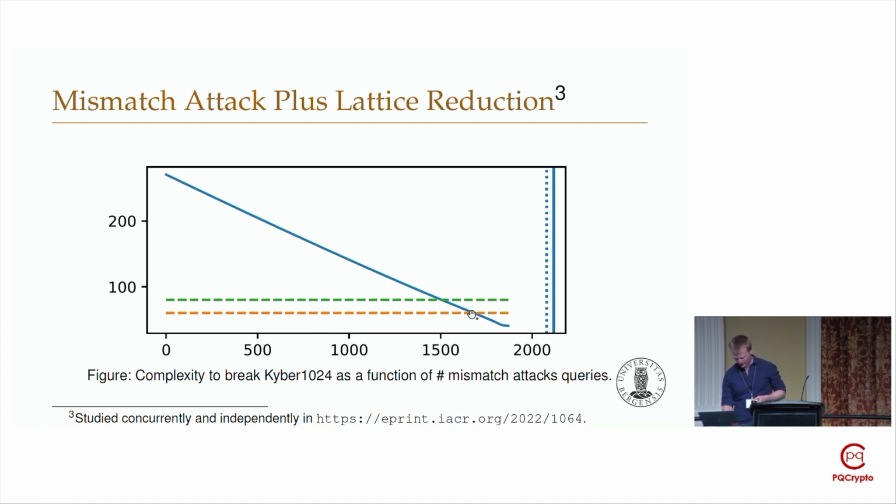And if we have around 1,700 queries, we only need around 2 to the 60 operations. And this was also studied concurrently and independently in another paper that I referenced here.